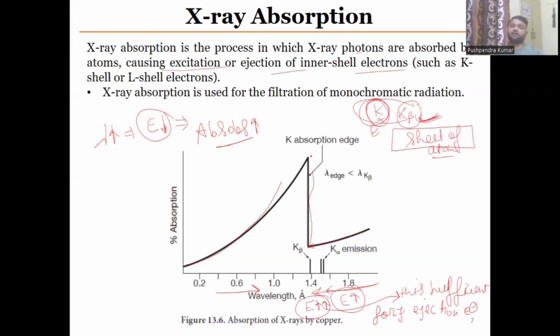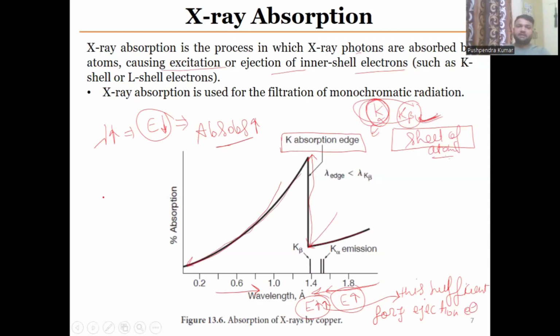This point is known as the absorption edge or K absorption edge. And if we further increase the energy, the electrons get ejected and the absorption further decreases.